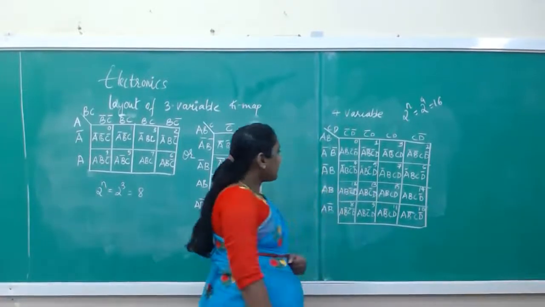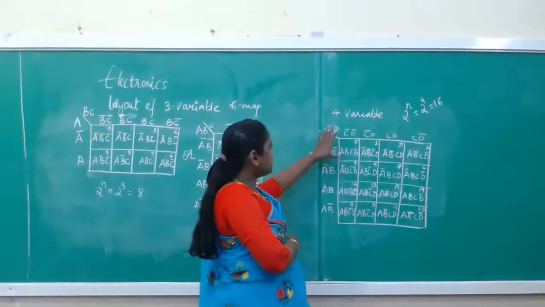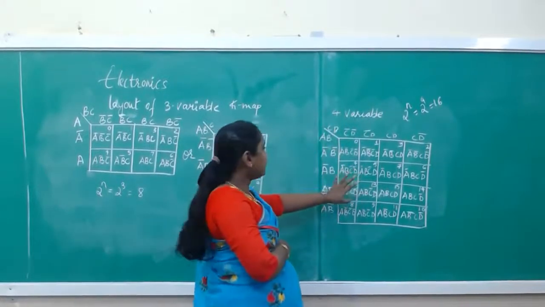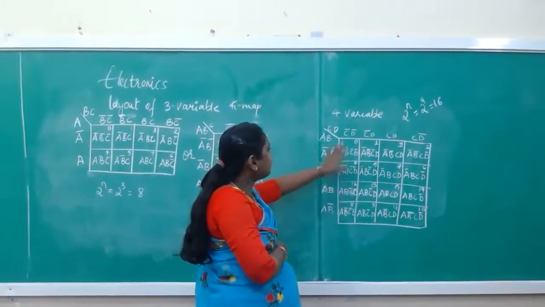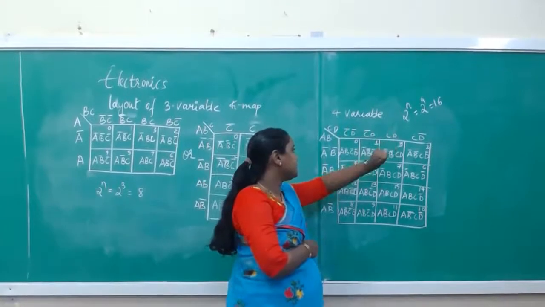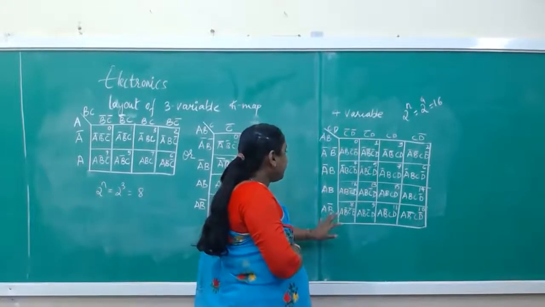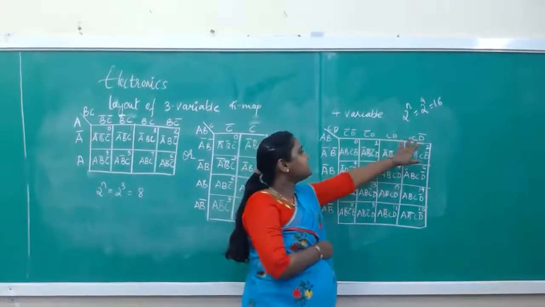So this is how to write these combinations and the cell numbers. This is the layout of the 4 variable K-map. Here you have to take the combinations of A and B, and here the combinations of C and D: A bar B bar, A bar B, A B, A B bar, and C bar D bar, C bar D, C D, C D bar.